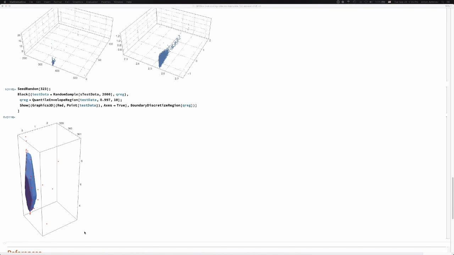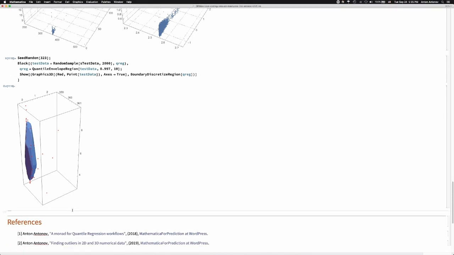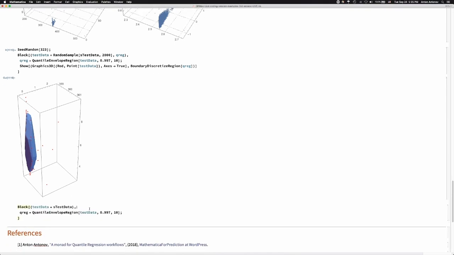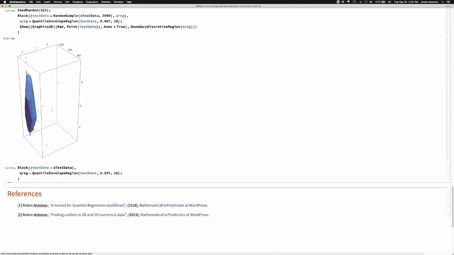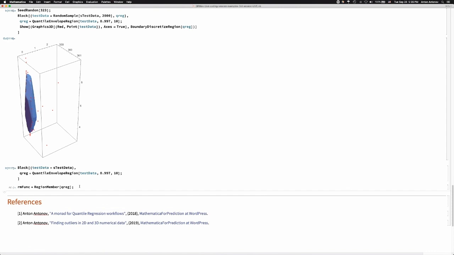Of course, this is just a sample. So what I'm going to do is apply it over the whole set. So far, I have convinced myself that this is more or less working. And you can see I use this quantile envelope region, which I was demonstrating earlier. Now after we have done this, Mathematica has this nice function that from a region you can produce a region member function.